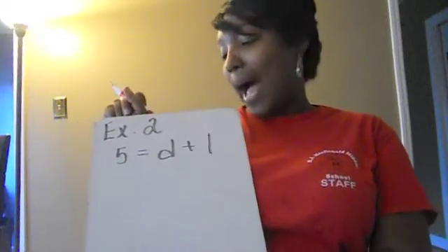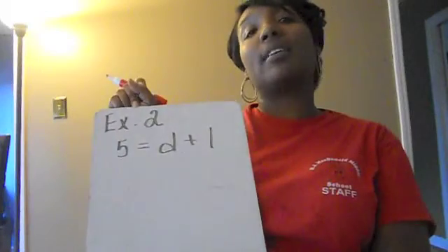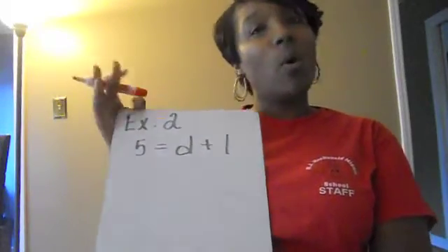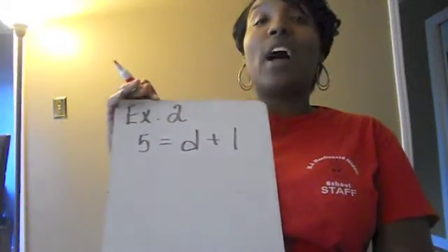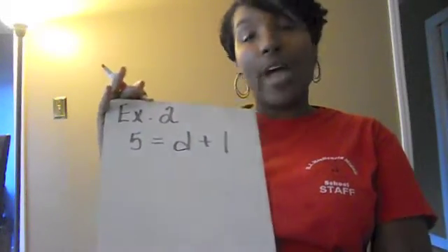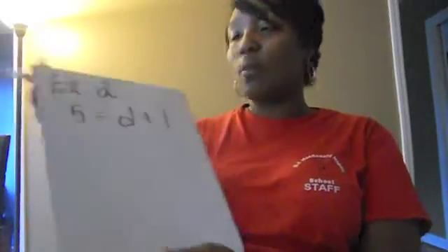Okay? I have 5 equals d plus 1. Well, what is the opposite? You heard plus when you read it. So therefore the opposite is subtraction. So we're going to subtract 1 from both sides.